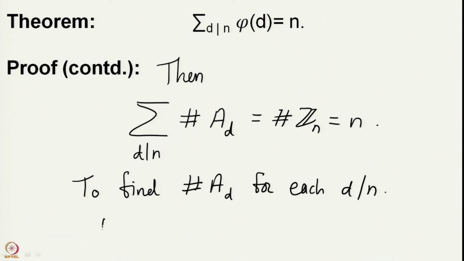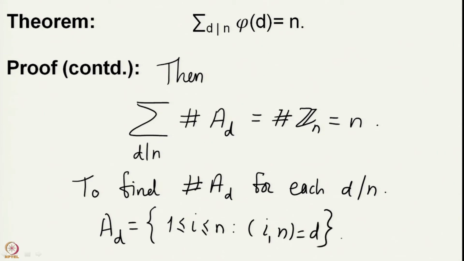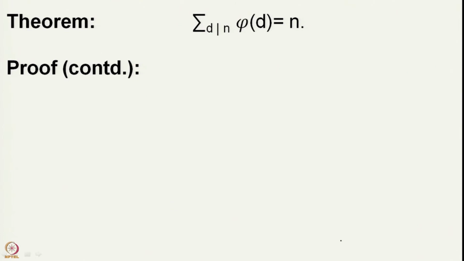So, let us see what A_d is once again. A_d is the set of all elements i with the property that the GCD of i and n is d.